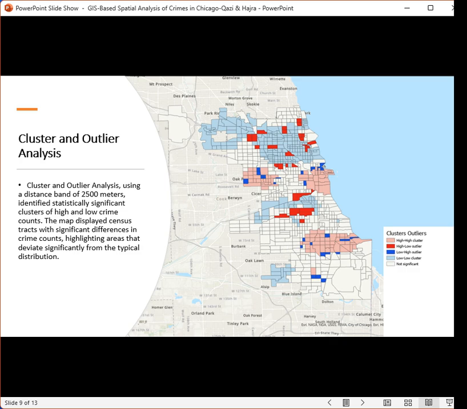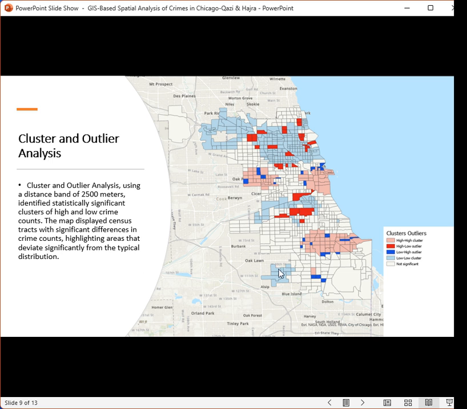Crime often exhibits spatial patterns, forming clusters or outliers. Our cluster and outlier analysis helps us identify statistically significant clusters of high and low crime counts, using the same distance band for comparison. The map displays census tracts with significant differences in crime.